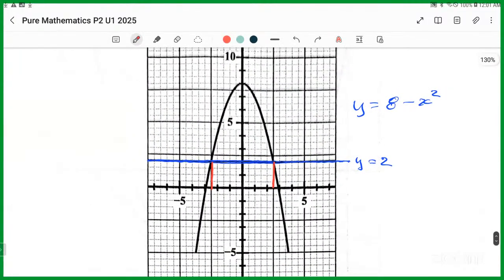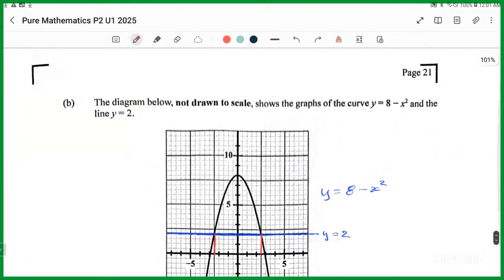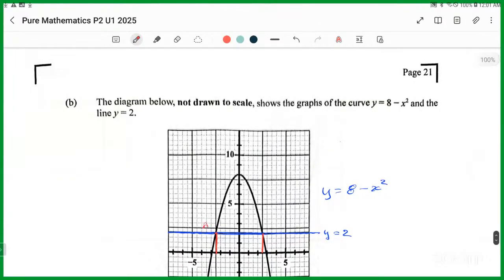Alright, so if I label these points A and B, at A and B, y equals 2. So 2 becomes 8 minus x squared.